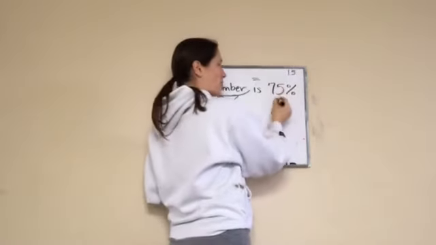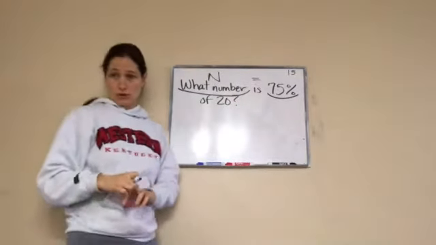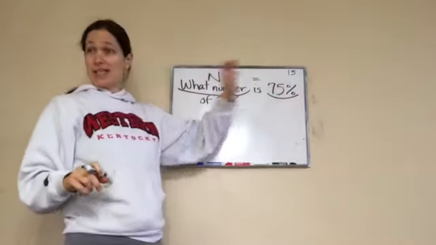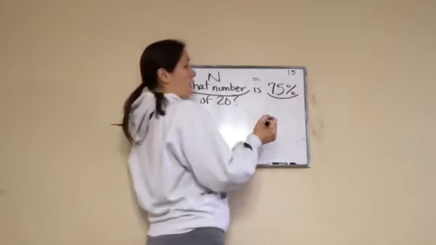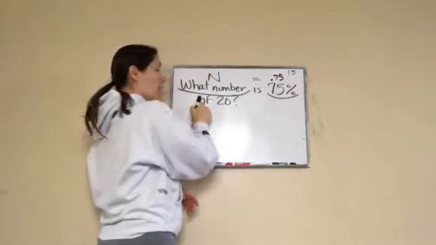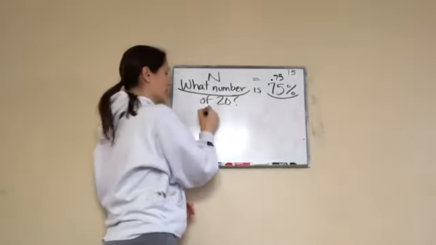Okay, 75%. Now, I can either put a fraction there or a decimal. So, 75% as a decimal number would be what? 0.75. Okay? Of in math means what? Multiply. Very good. And 20.